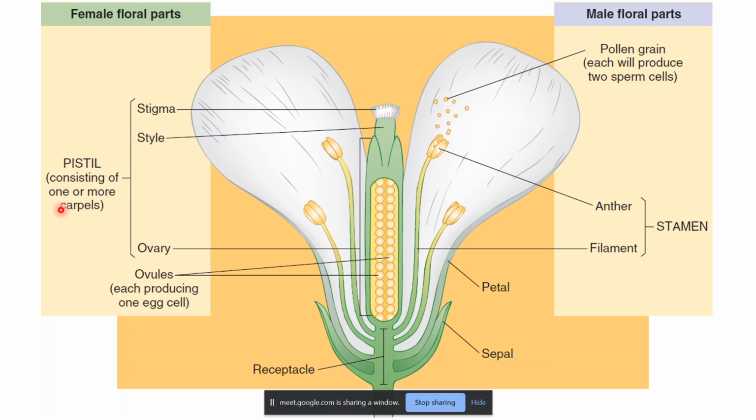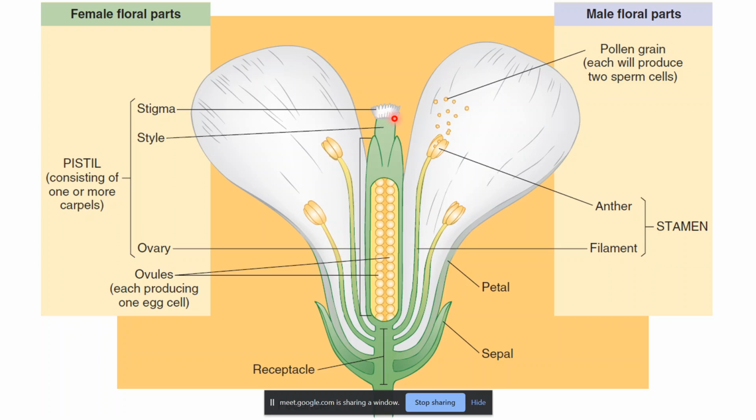Several carpels that are connected are called pistils in the case of complex carpels. The carpels have three parts.